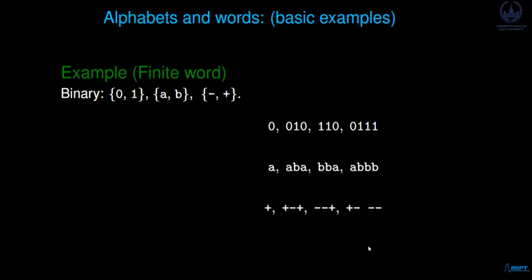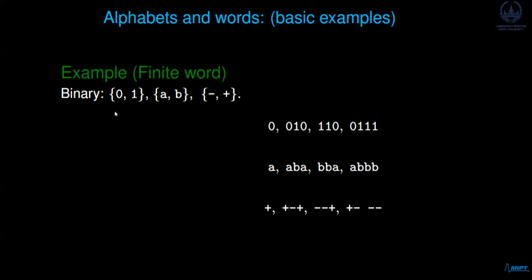Now let's look at some basic examples of finite words using different alphabets. We start with the binary alphabet, which is one of the most common alphabets in mathematics and computer science. Here our alphabet is 0 and 1.